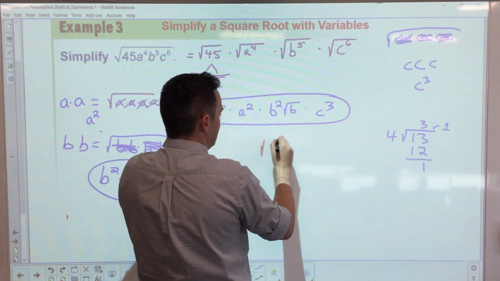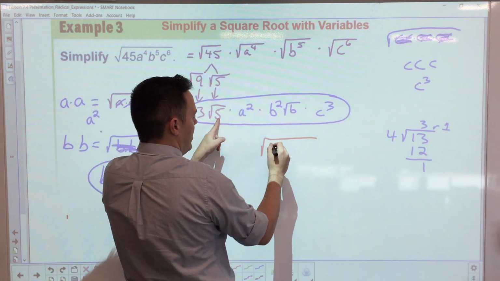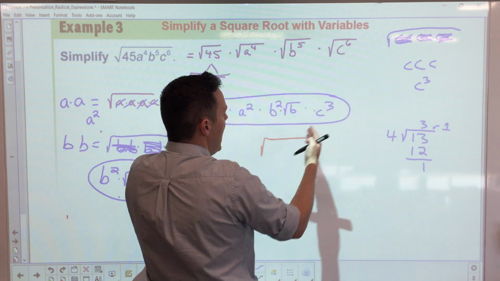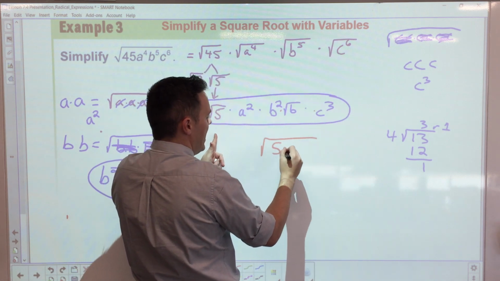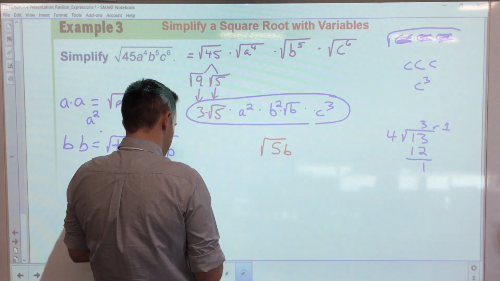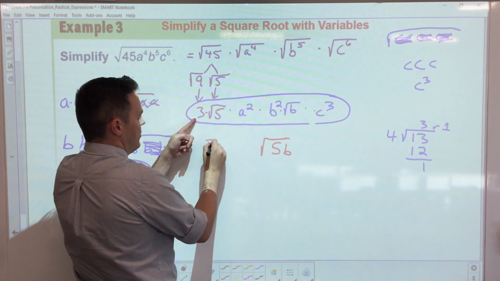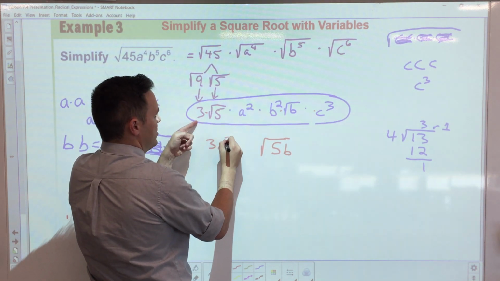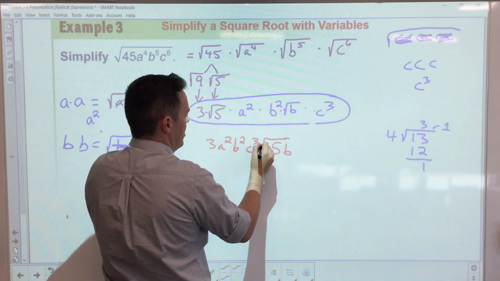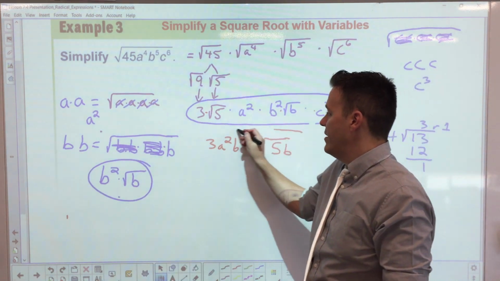So what is left over the square root? The 5 and the B. And remember, these are all multiplying. So it's multiplying here, multiplying here. We're just multiplying everything back together. So it'll be 5B. And then, ladies and gentlemen, if you have 5B right here, now what's left? 3a squared, b squared, c to the third, times the square root of 5B.